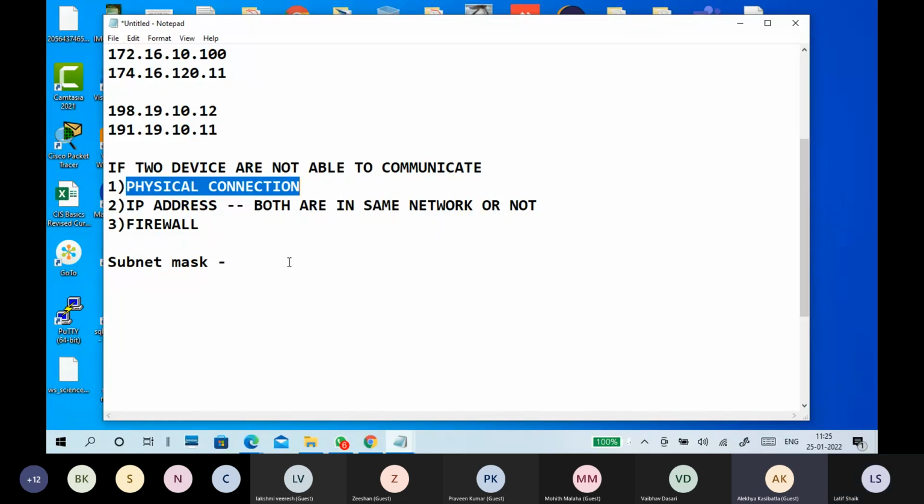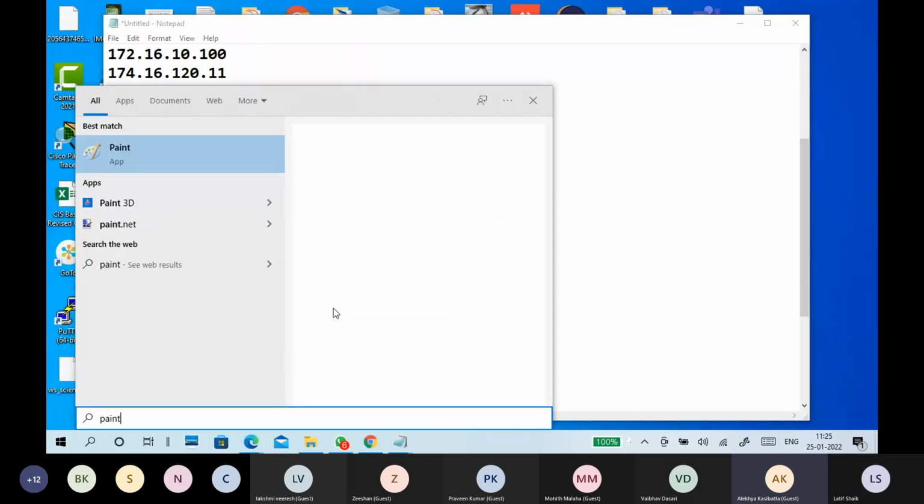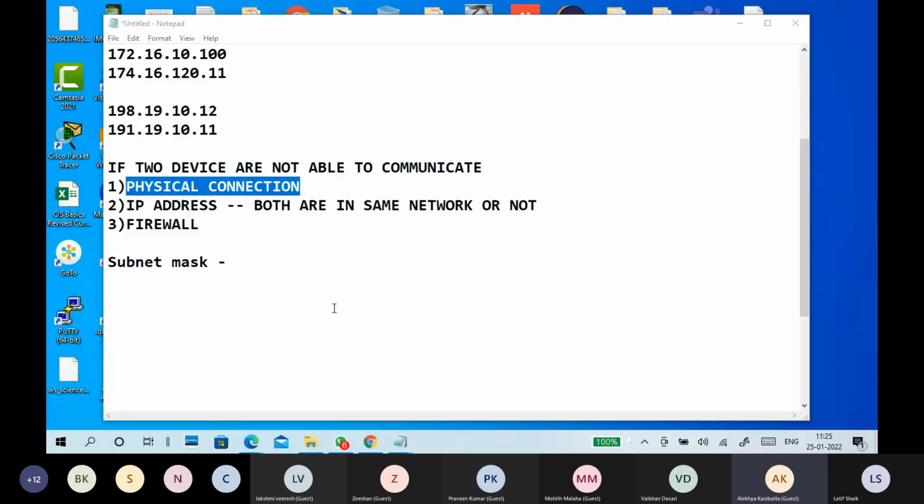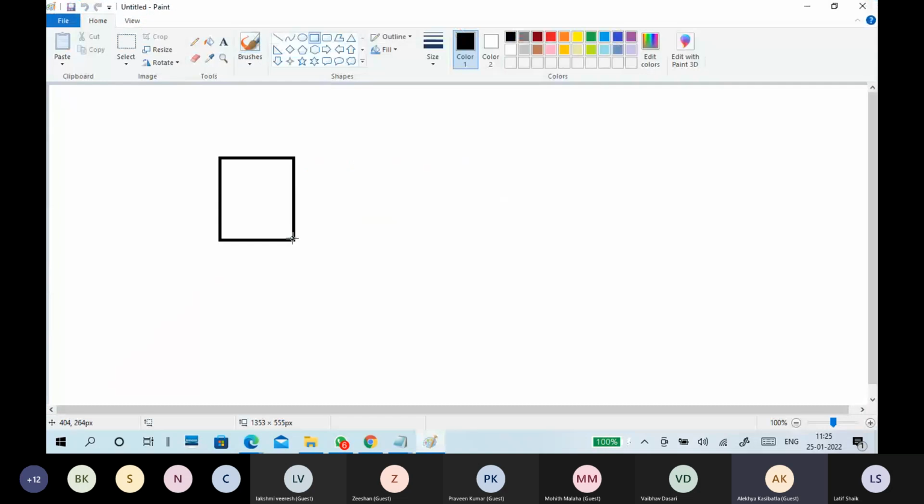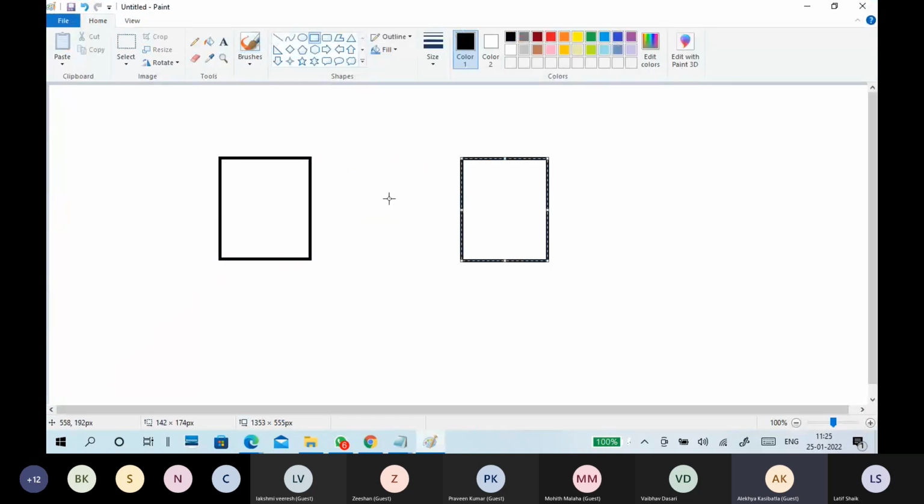Network means two devices are there, and these are connected. How they are connected? Maybe directly connected.